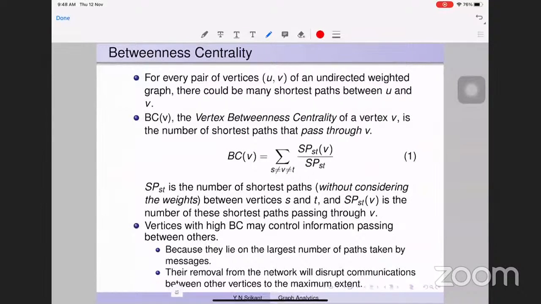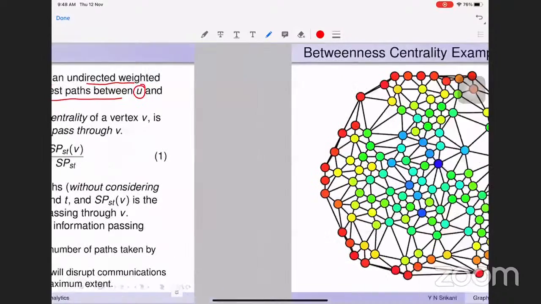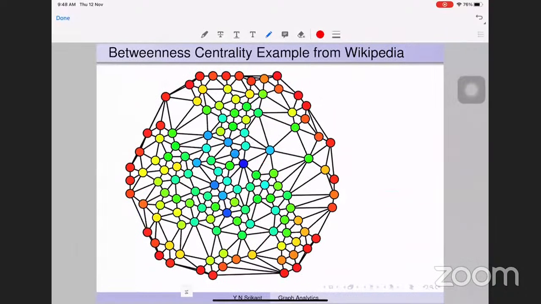For example, for every pair of vertices in an undirected graph, that means there are no arrows on the graph, there may be many shortest paths between two nodes U and V. This is something we know. For example, take this graph from Wikipedia.